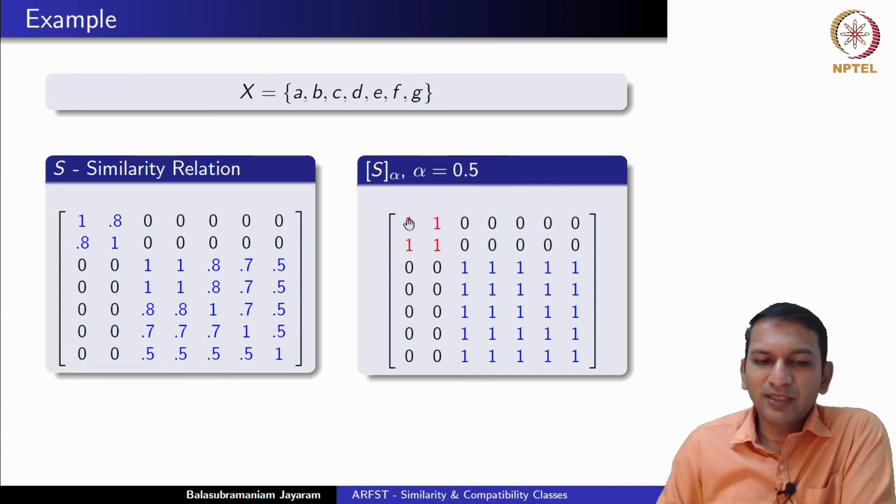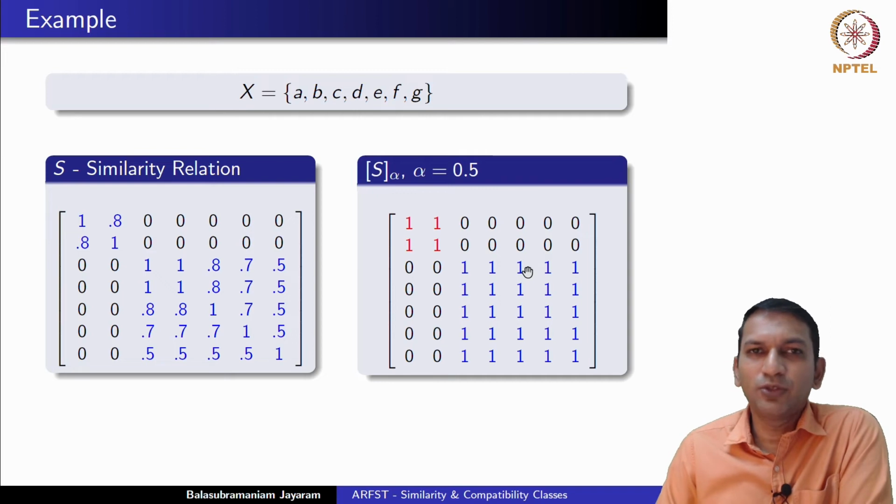For instance, if you take this element, so this is A, this is B, A is related to B and not related to anybody else, and B is also related only to A. If you look at this, C is related to everybody else, C is related to D, E, F and G, and what is interesting is D, E, F and G in turn are related only to these 5 elements and nobody else.